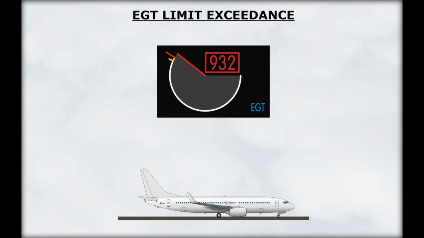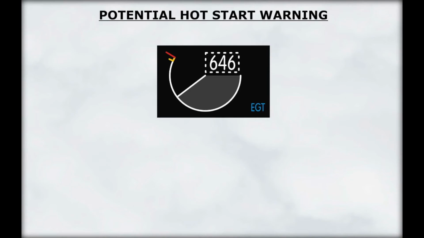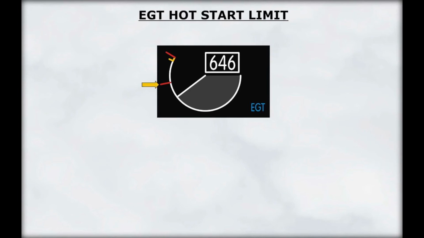On the ground, after engine shutdown, a red box around the temperature indication indicates that an exceedance has occurred. During an engine start, the EEC will flash the box if conditions may lead to a hot start. An EGT hot start limit is displayed when N2 is less than 50%.